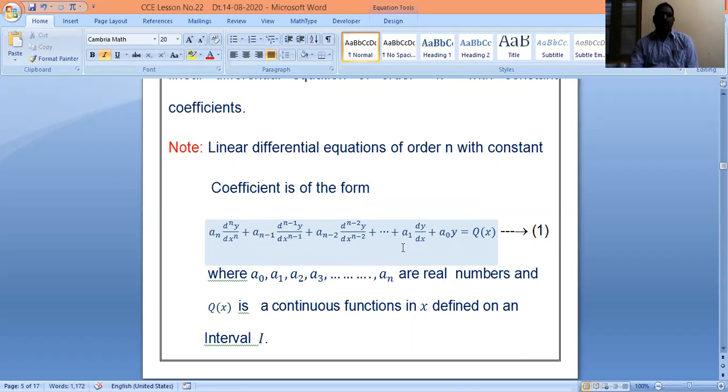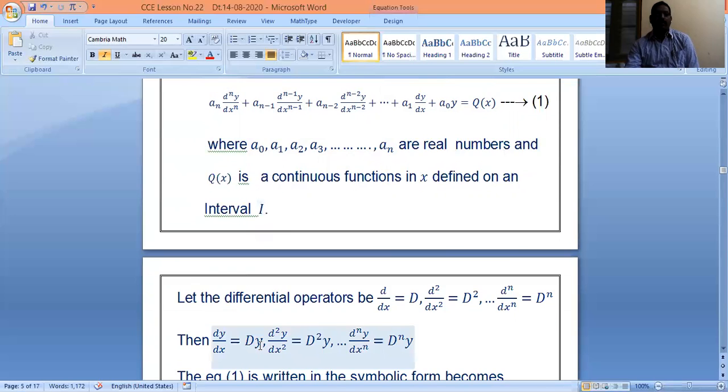Let this be equation 1. Here a_0, a_1, a_2, a_3 up to a_n are real numbers, and q(x) is a continuous function in x defined on an interval I.